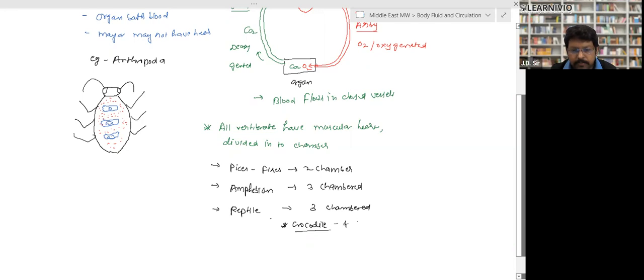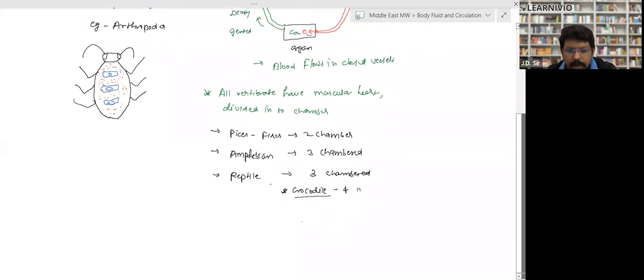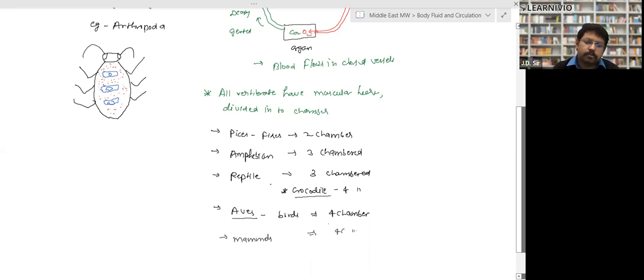Crocodile has four chambers. Then it comes to Aves, that is birds. Birds have a four-chamber heart. And then mammals have a four-chamber heart. Right, please note it down. Crocodile is the only exception in this chamber system. It's a reptile but has four chambers.